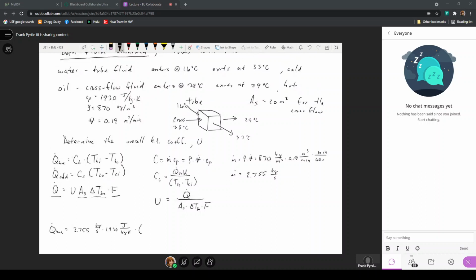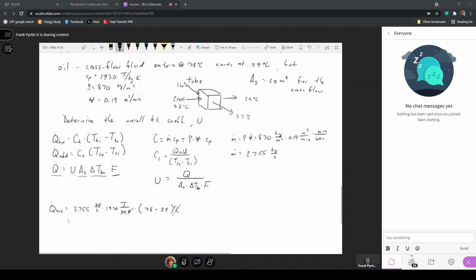Again, the hot fluid is the oil. So the hot inlet of 38 degrees minus the hot outlet of 29 degrees. Again, this temperature difference in degrees C is the same as the temperature difference in Kelvin. So degrees C and Kelvin will cancel. Kilograms cancel. So I'm left with joules per second.